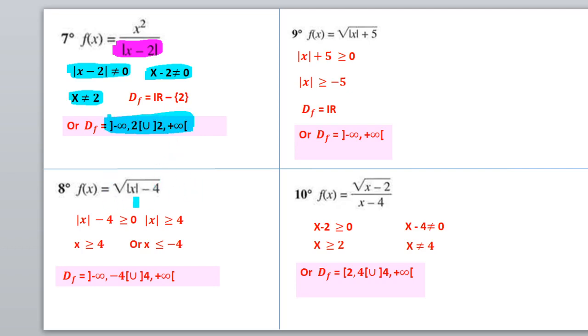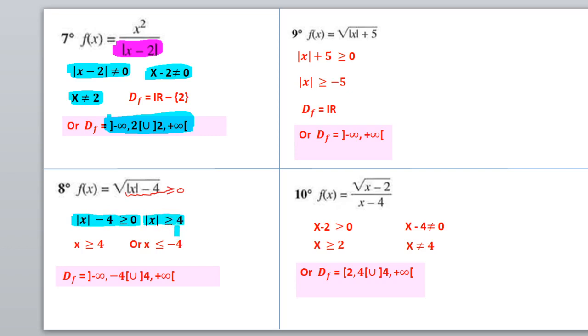Next, radical absolute x minus 4. Notice what we have here: we have a radical, so what is under the radical should be positive or equal to 0. So we write absolute x minus 4 greater or equal to 0, so absolute x greater or equal to 4.